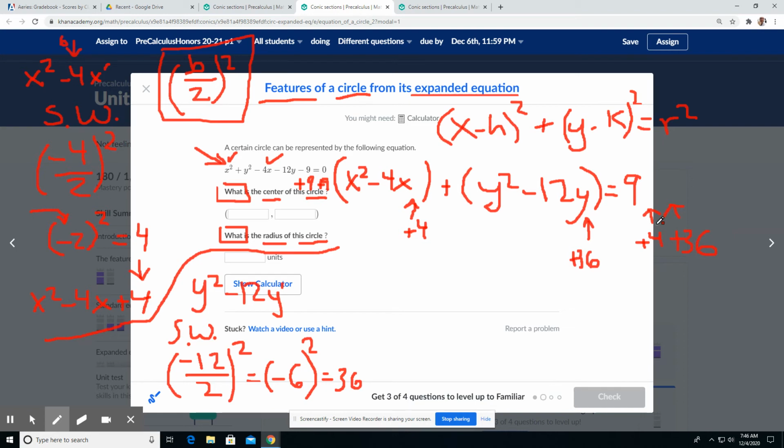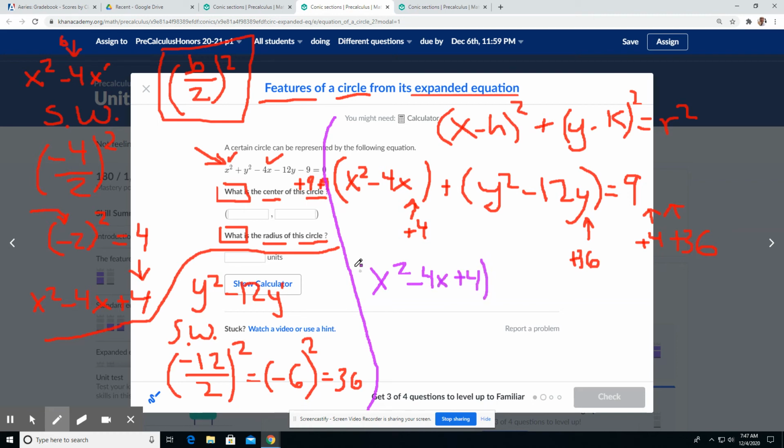Okay, this is everything we need. Now let's go ahead and look at it. I'll go ahead and go slowly this time. So if I look at it, I want to make sure I don't get any of my work confused. All right, so on this one, we got x squared minus 4x plus 4.